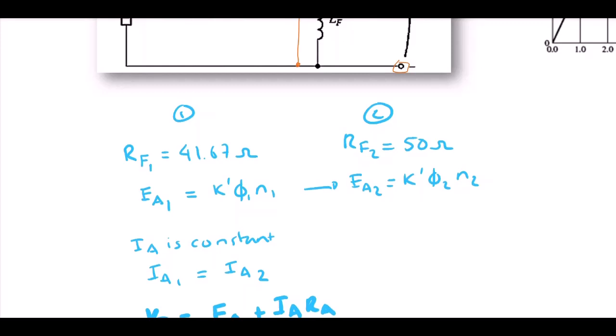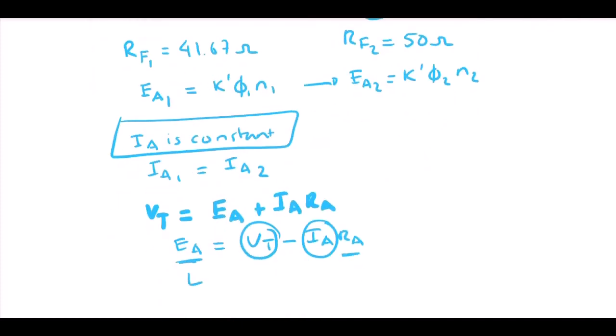This is the assumption that we should use based on the example statement. And then we've got RA, which is also constant. So what does it mean? It means that EA is also constant, and therefore EA1 is equal to EA2.